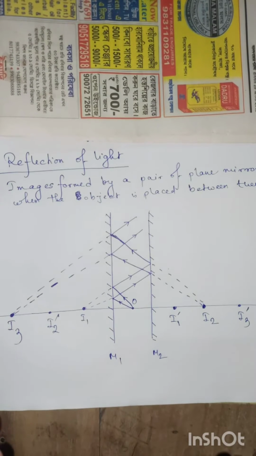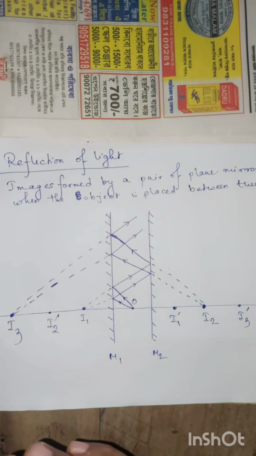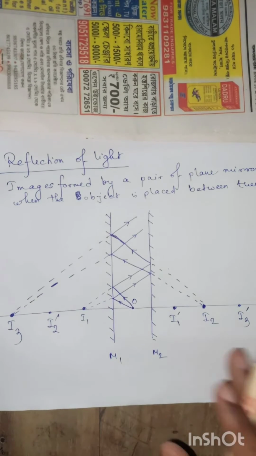This is why we can see only few images. We do not see infinite number of images.